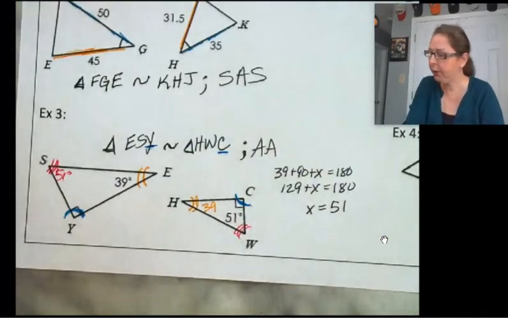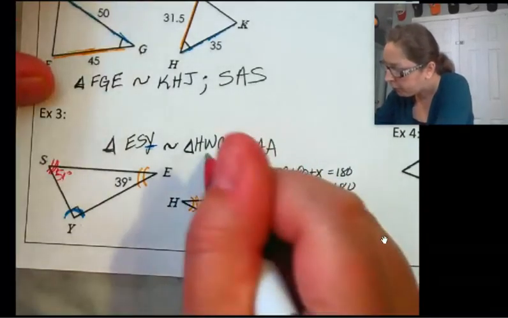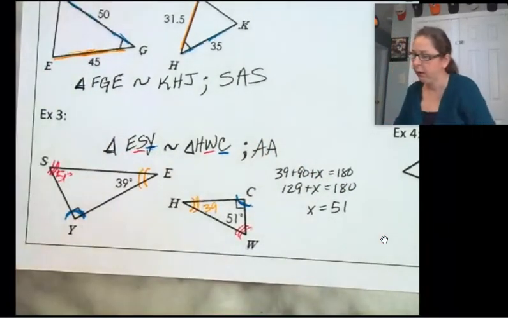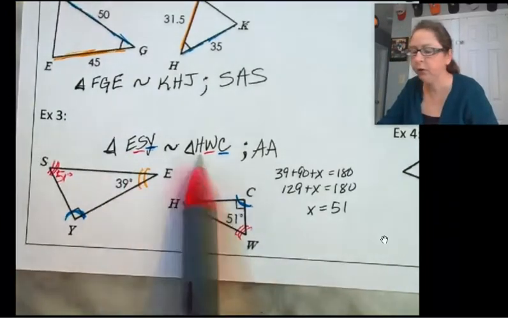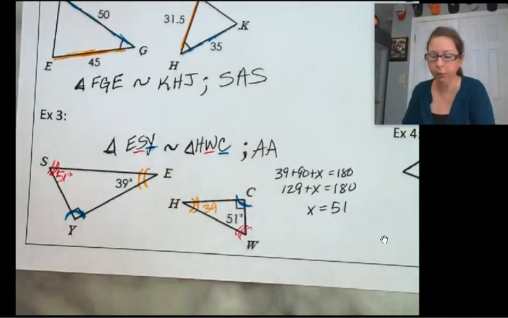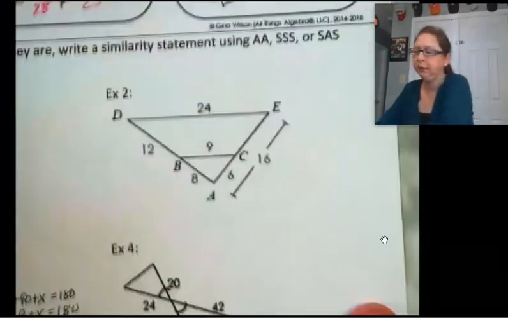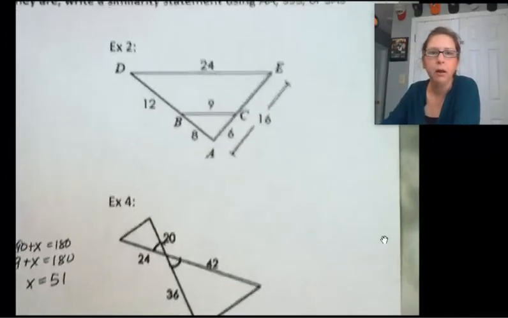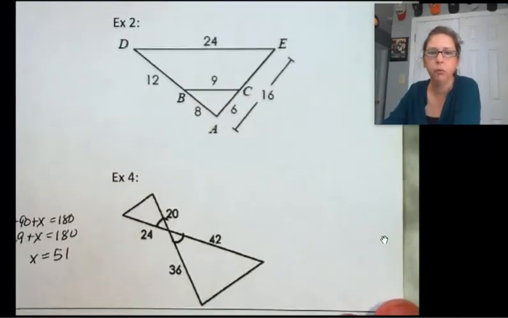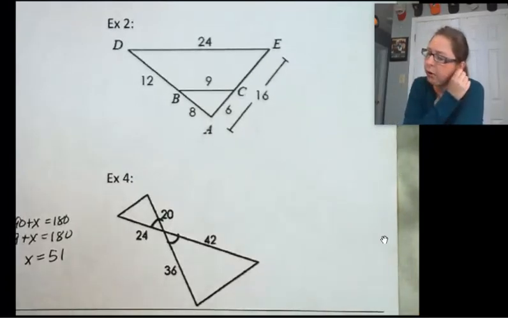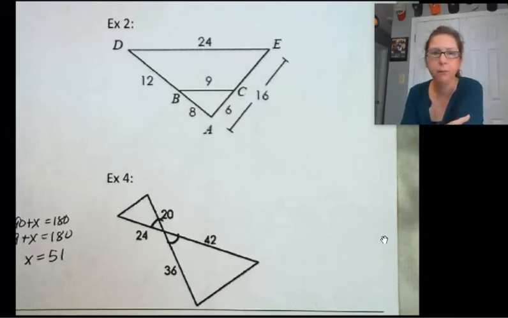Okay, W is the red angle, S is the red angle, and then of course E and H are both the orange angles. So if you color code, it should help you write these statements more accurately. All right, go ahead and pause again, and I'd like for you to complete examples 2 and 4, again using the same rules. So go ahead and pause your video while you work on examples 2 and 4.